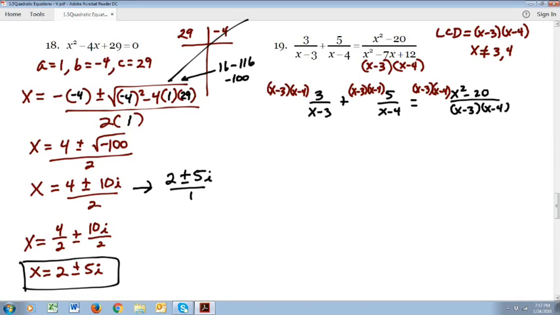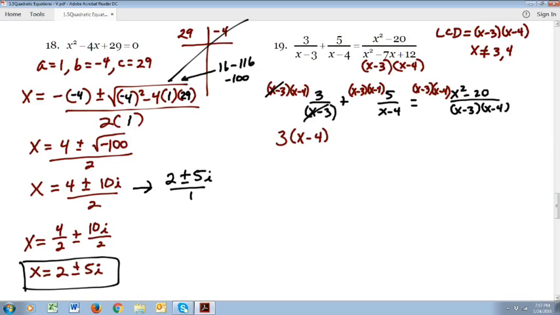So again, if you're writing this, you can stop the video and just take it as slowly as you want. All right, so when we multiply the LCD times our first fraction here, the x minus 3's are going to cancel, and we're going to be left with 3 times x minus 4.